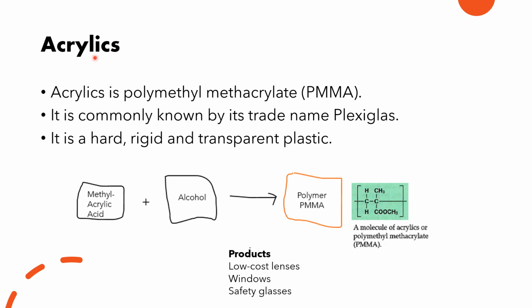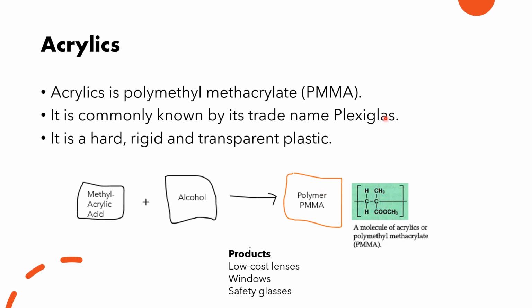Okay, so the last one is acrylics. So acrylic is polymethyl methacrylate, PMMA, and is commonly known by its trade name plexiglass. Okay, we always say plexiglass in restaurants, they used it in the COVID period to ward off the virus.